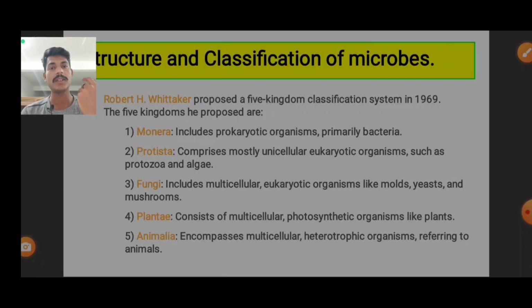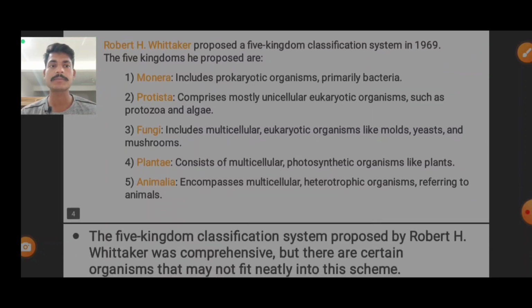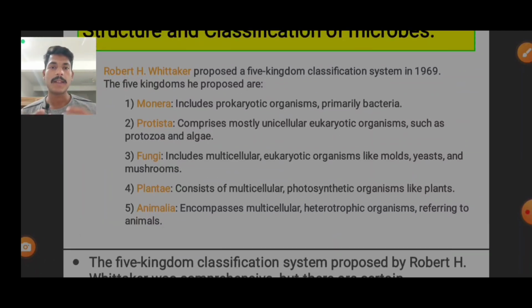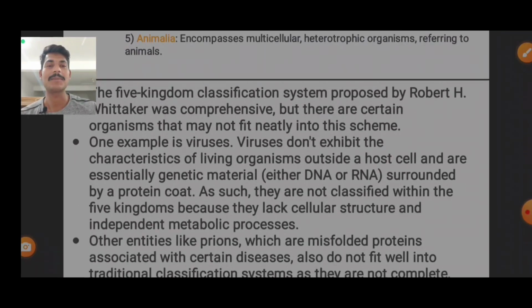I will discuss allergy later. Then animalia encompasses the multicellular heterotrophic organisms, referring to the animals. Now I have one question: where are we classified among all these five kingdoms? Comment down where we are present in this five kingdom classification.